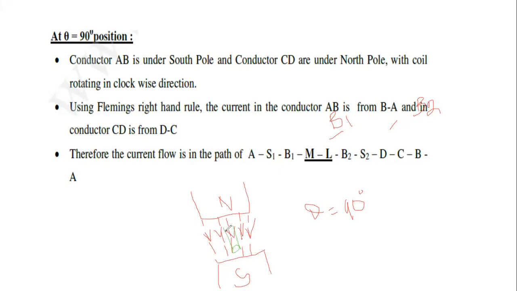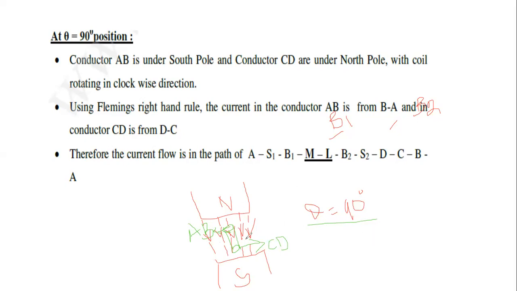This is the peripheral velocity of that AB conductor, and this is the CD conductor when theta is equal to 90 degrees. In this case, the conductor AB is under the south pole, and the CD is under the north pole.